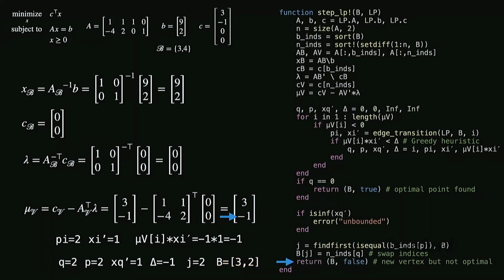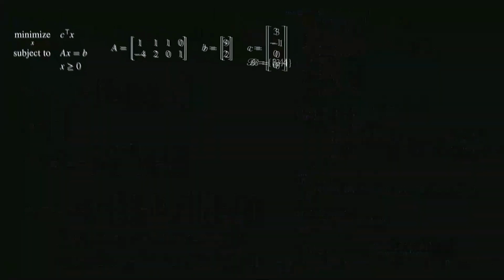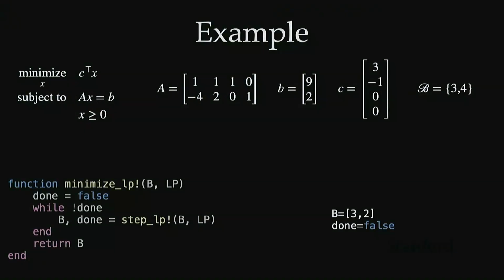Okay, and so that was one whole iteration of the step LP function here. So we would now return back to our minimize LP, and we have our new basis here with done equal to false. So we would now run this again in step LP. We're not going to go through that for time, but you're welcome to work through it on your own by hand if you want practice doing this.